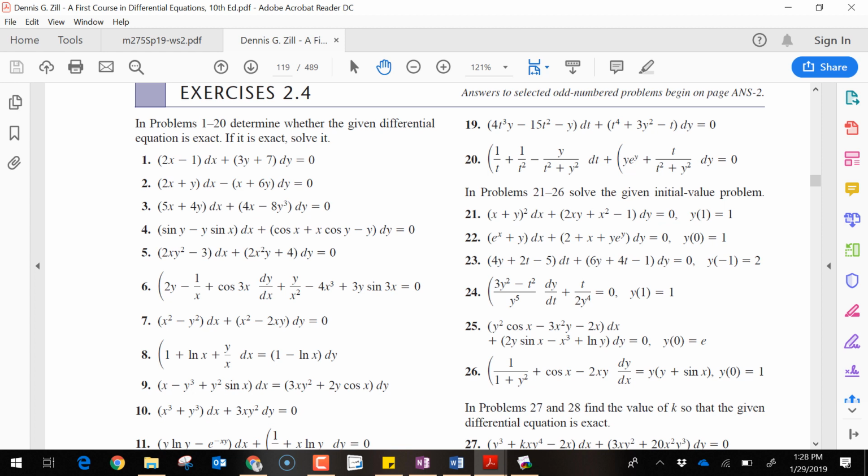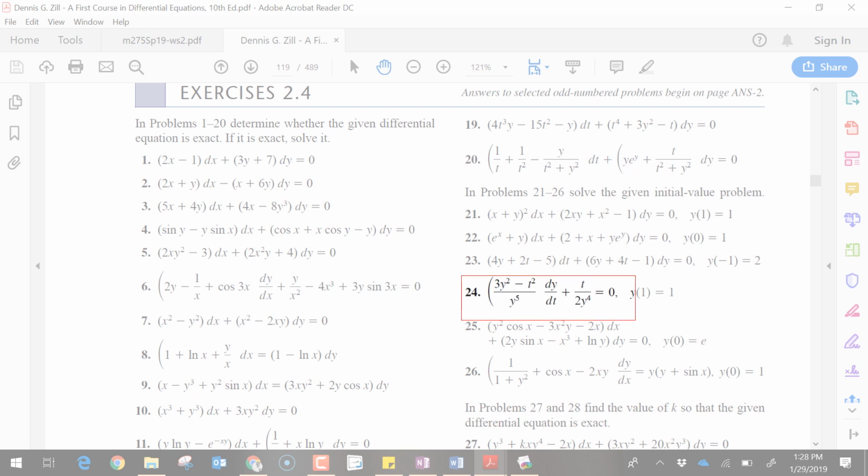Numbers 21 through 26. Oh, let's try number 24. That looks hard. Missing a parentheses, I think.